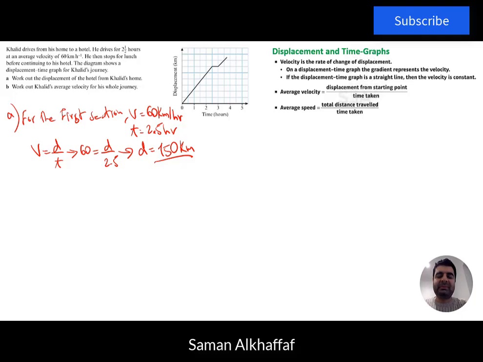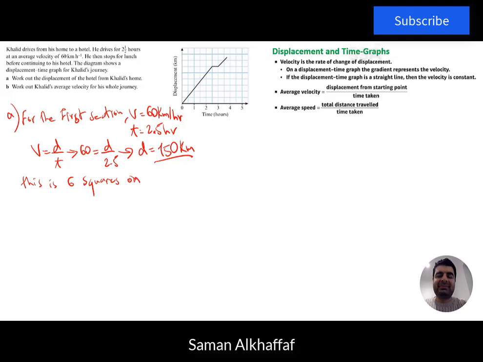Now this is 6 squares on the vertical axis, so you can see here.